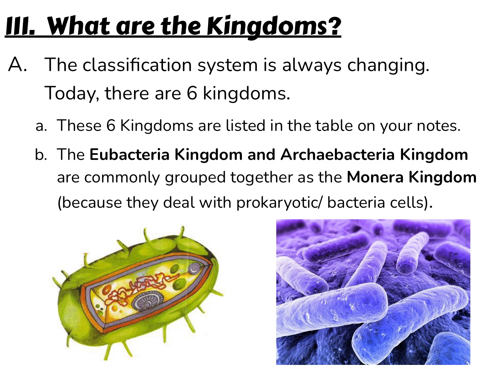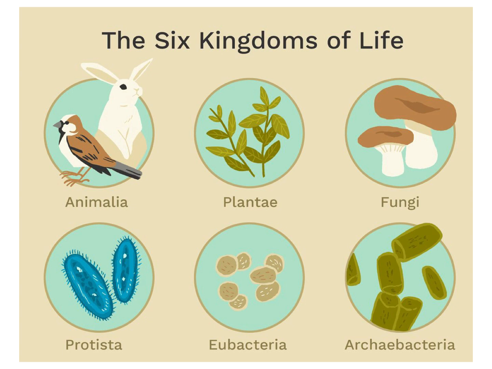It's important to know that Eubacteria kingdom and the Archaebacteria kingdom sometimes are grouped together into the Monera kingdom, and that's because both of those kingdoms deal with prokaryotic and bacterial cells.